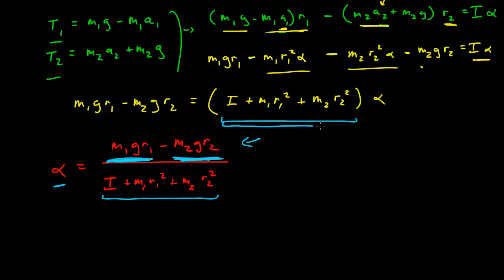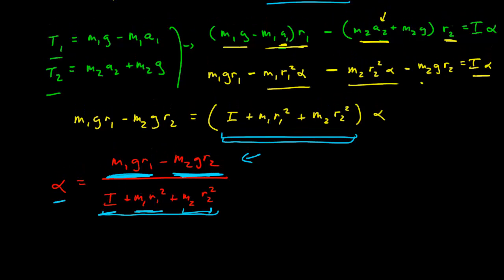And then this is the total resistance to that net torque. It represents the moment of inertia of the cylinder itself plus a term that looks like m1 r1 squared, so that's sort of a moment of inertia associated with mass 1, and then there's another term, m2 r2 squared, that looks like a moment of inertia of mass 2.